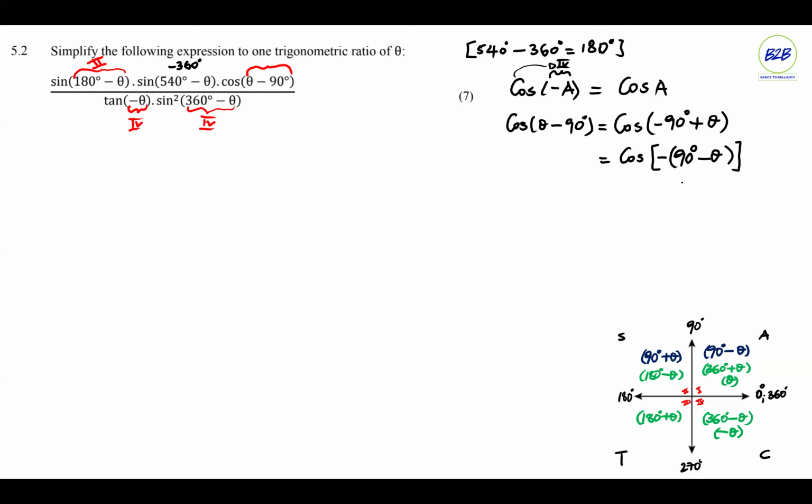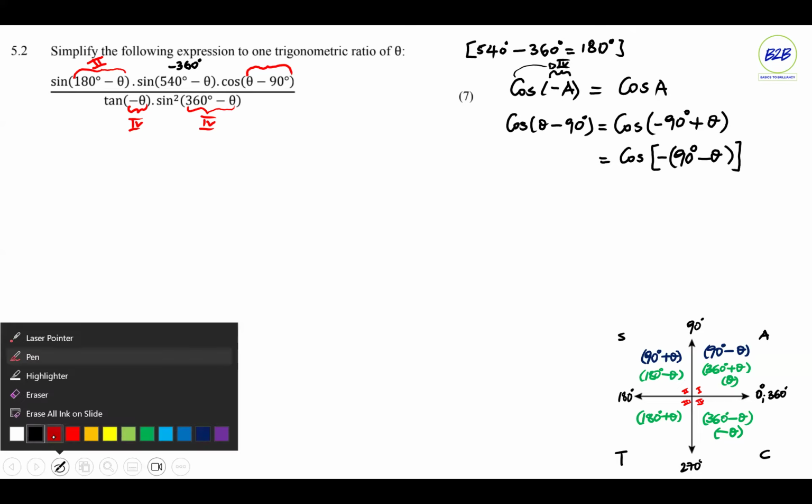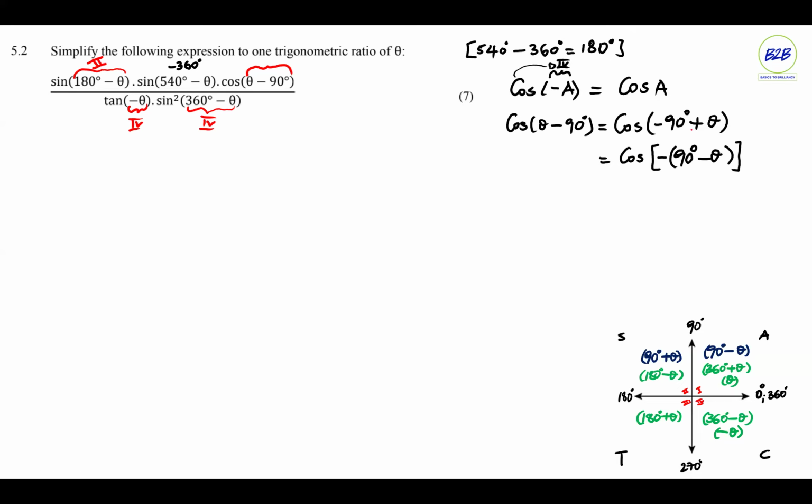90 degrees minus theta. Now, assume that this 90 degrees is in the position of A. Assume that is A. This 90 degrees minus theta, assume all of that is A. What does that mean then?